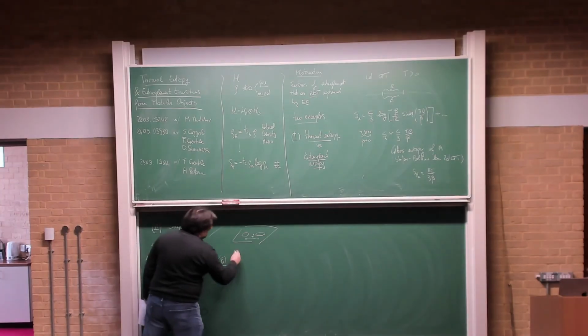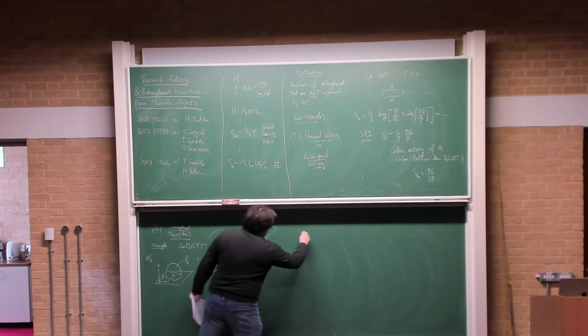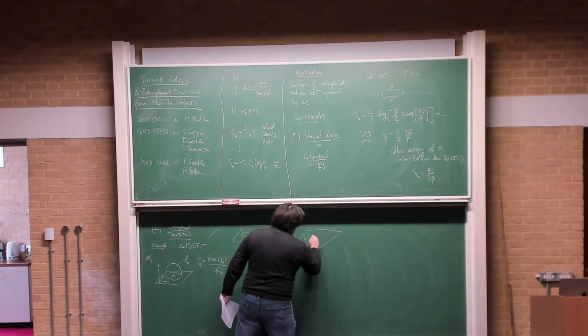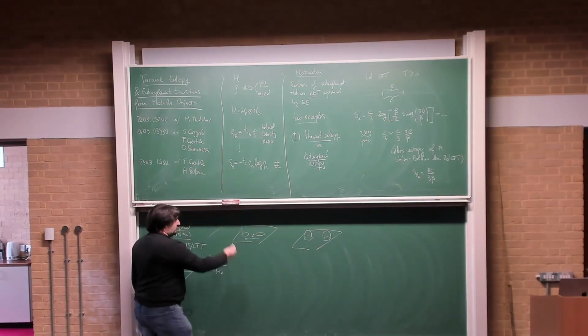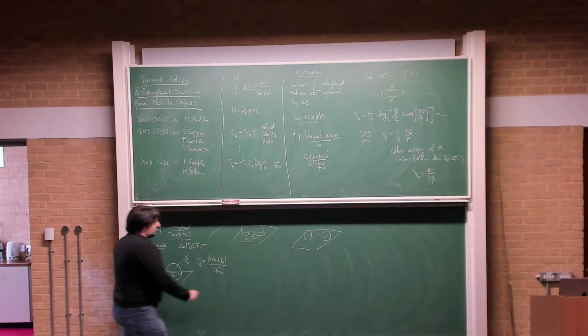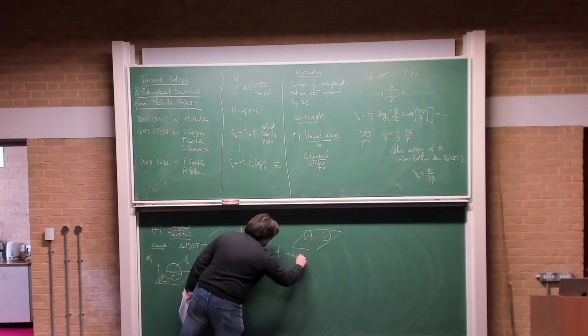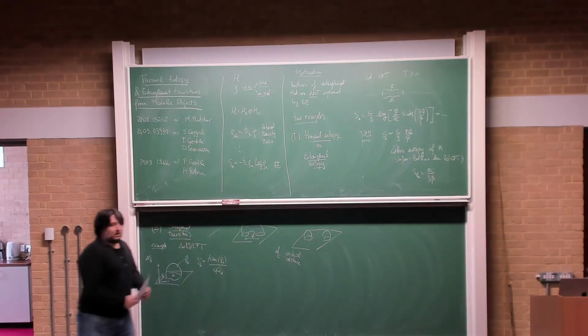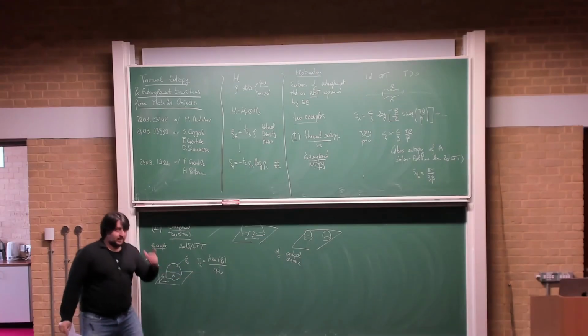In particular, if the regions are very far, you expect this kind of behavior. If the regions are very close, you expect this kind of behavior. So here there is a critical distance, and there is a transition in the entanglement entropy.